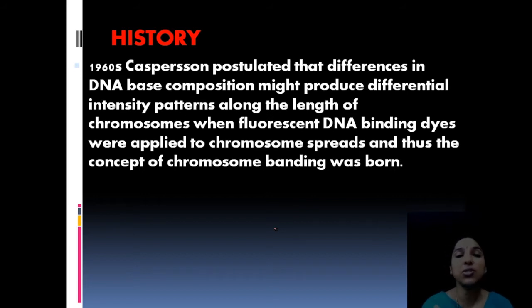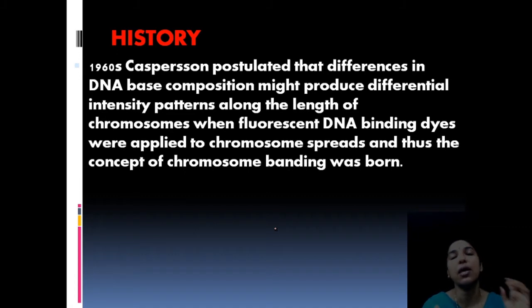In the 1960s, Caspersson postulated that there is a difference in DNA base composition that may produce a differential intensity pattern along the length of the chromosome when a fluorescent binding dye is applied to the chromosome.